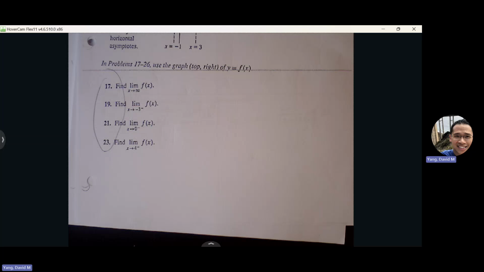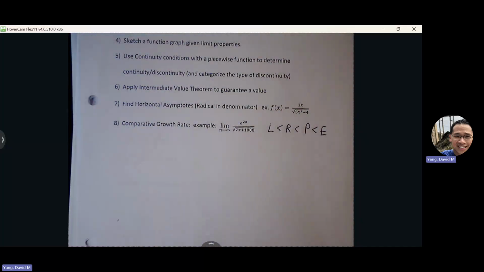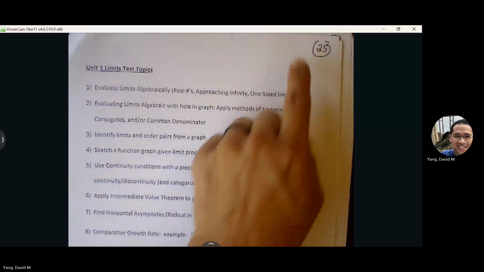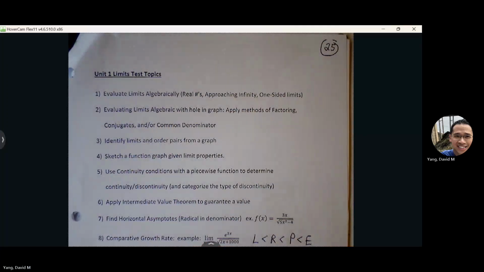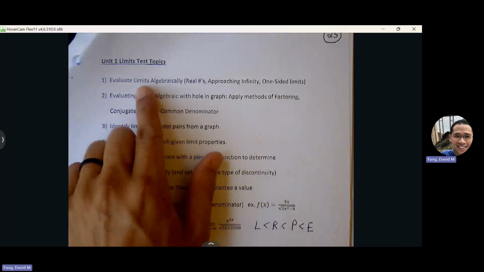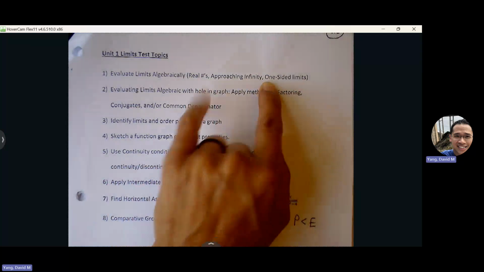All right, if you can turn to page 25 for a moment, I just want to highlight what you can expect on Wednesday's test. Here is a list of test topics. Let me read through these. Evaluating limits algebraically, whether it's a real number, approaching infinity, or a one-sided limit.